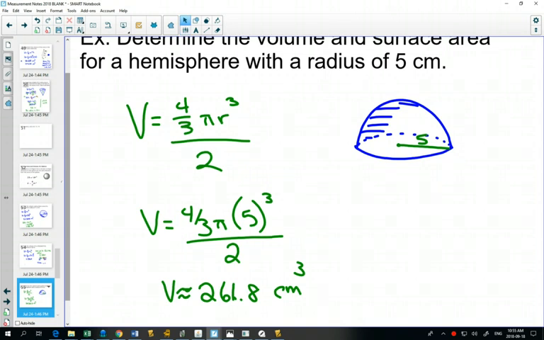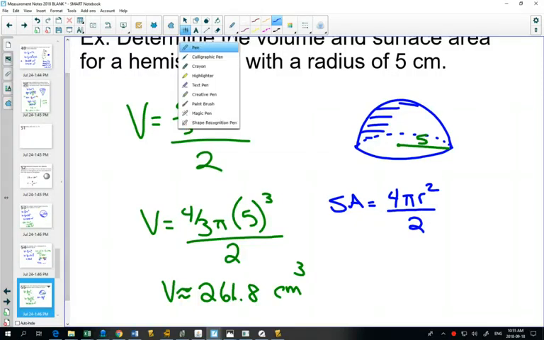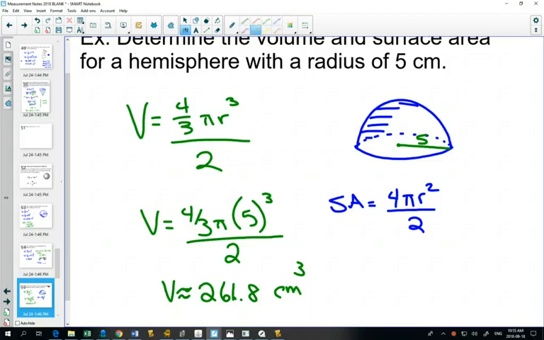So to figure out the surface area of this, the surface area of the whole sphere is 4 pi r squared, and we need to cut that in half. That will give us the outside. But we also need to add the base.